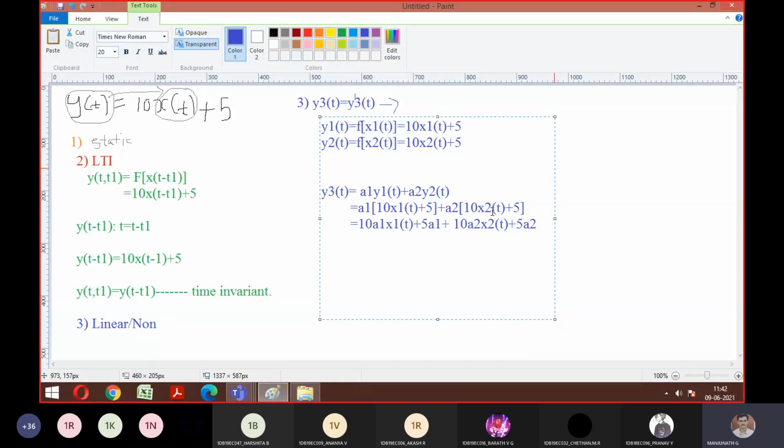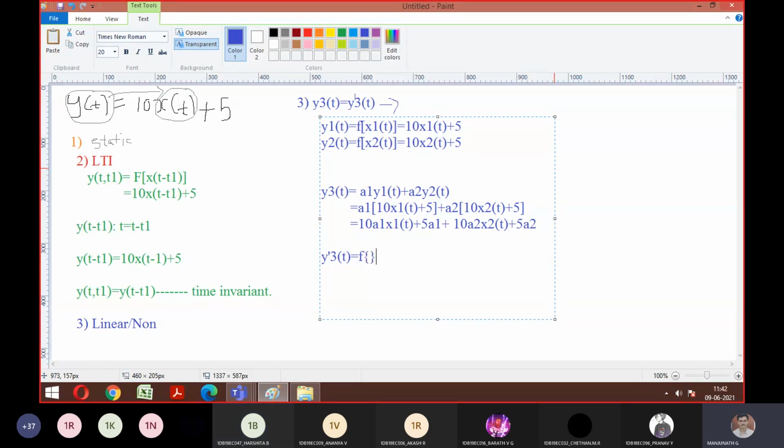It is the response to a linear combination of inputs. So how will you consider the inputs now? What is the formula to consider the inputs? So I can write y3 dash of t is equal to F of a1 x1 of t.